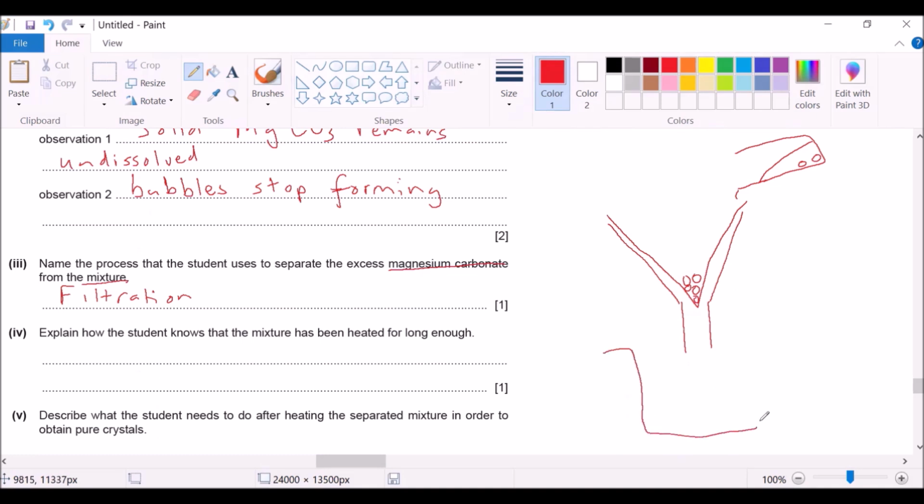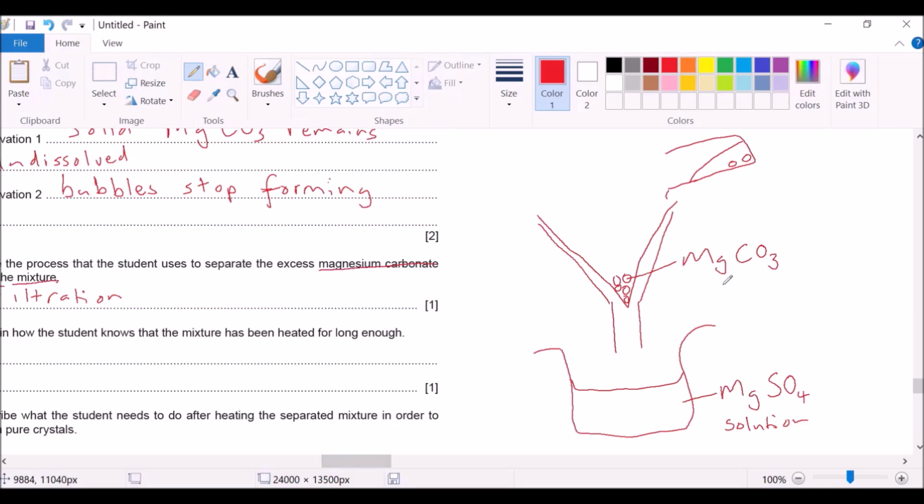Then we collect the magnesium sulfate solution. The magnesium carbonate is the residue, while the magnesium sulfate solution is the filtrate. So that's how we do the process of filtration.